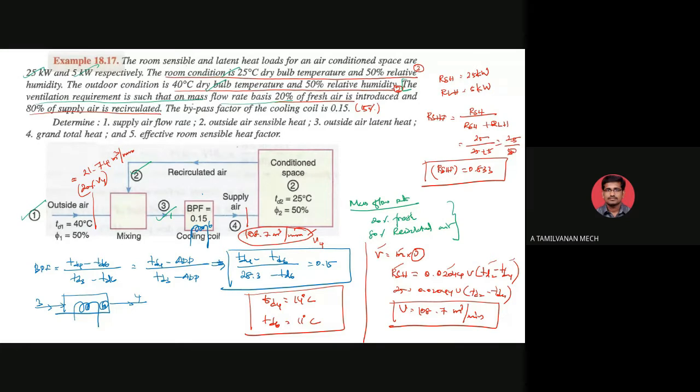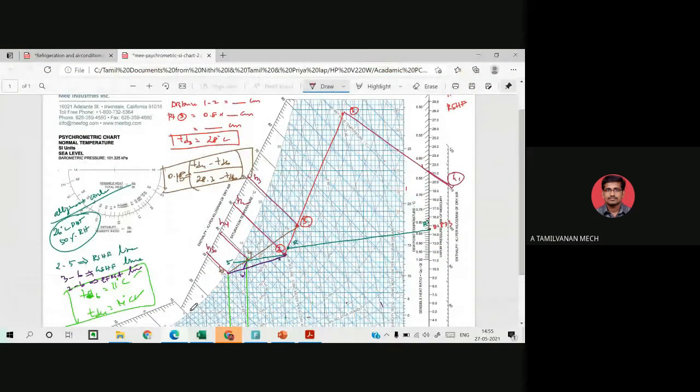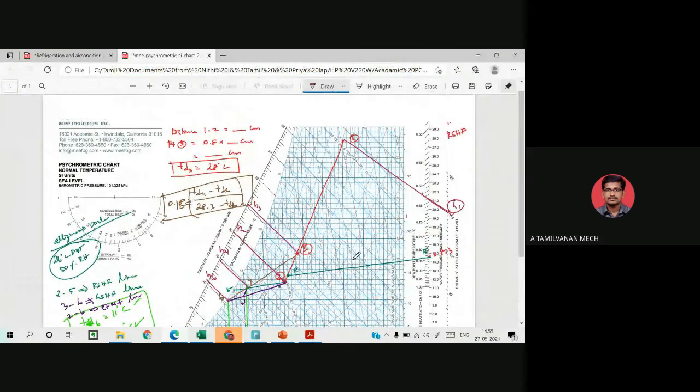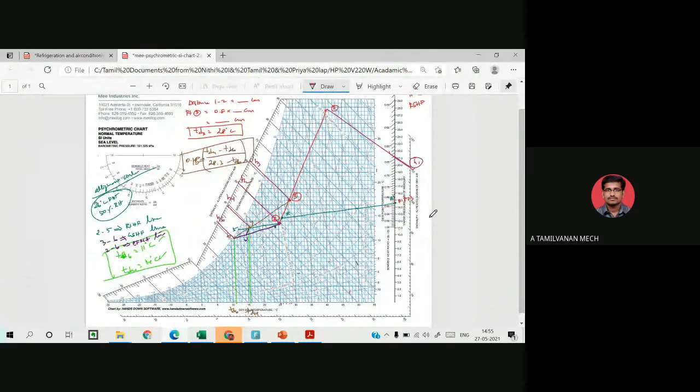From the volume flow rate, we are going to find the mass flow rate. How do we find the mass flow rate? By finding the specific volume at each location. On the psychrometric chart, find the small v1, which is a specific volume line.